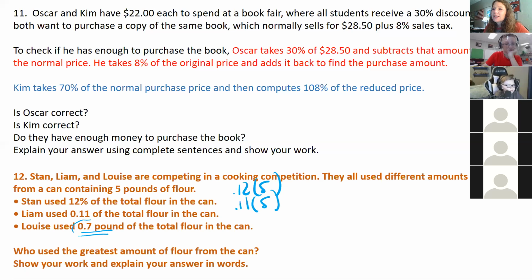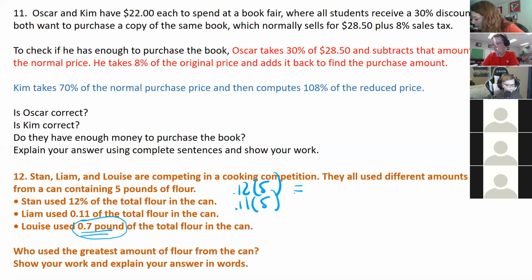Okay, so it already tells us we don't have to do math right here. 0.7 parts of a pound, so less than 1. Who used the greatest amount of flour from the can?